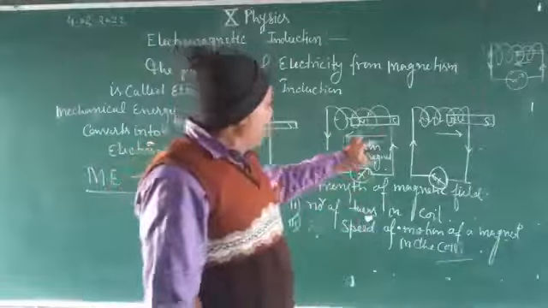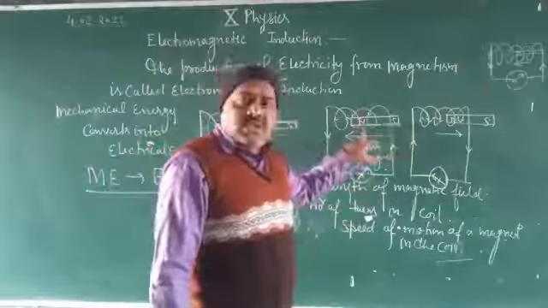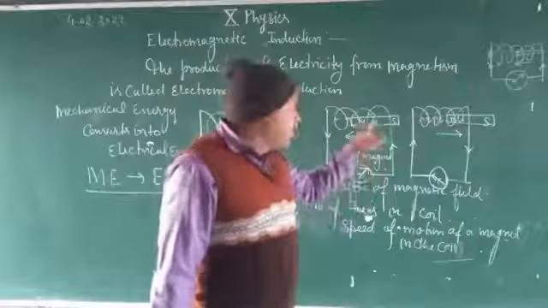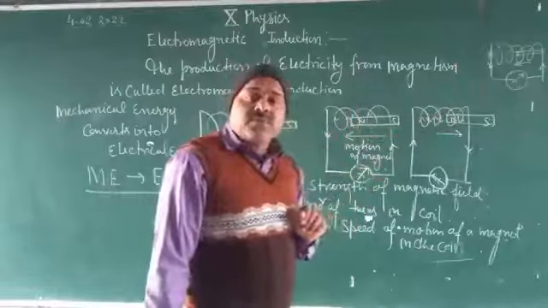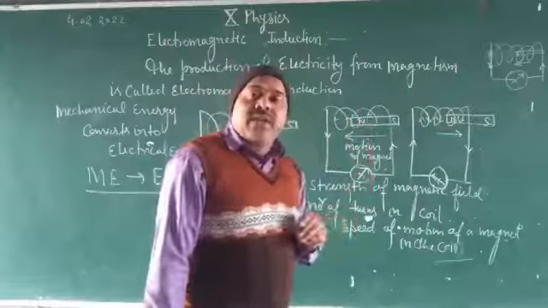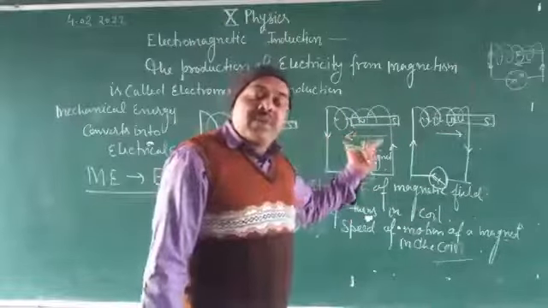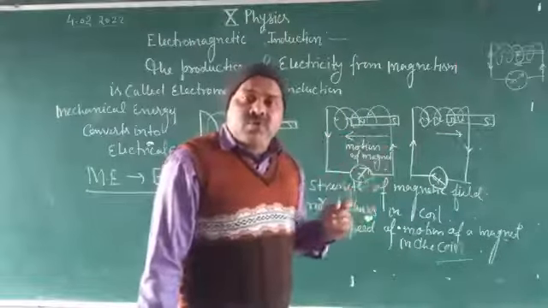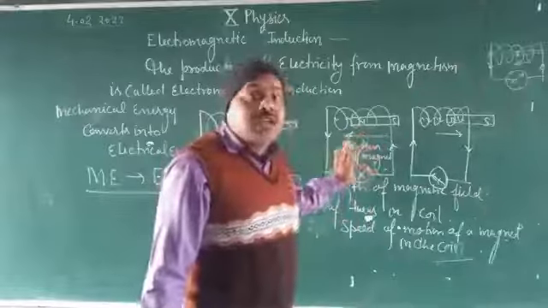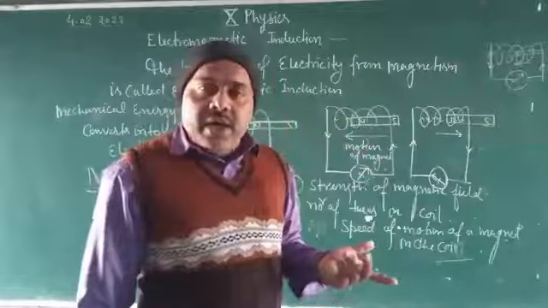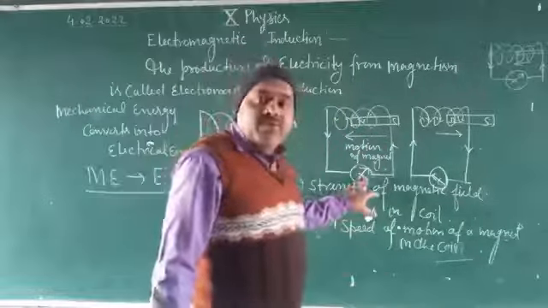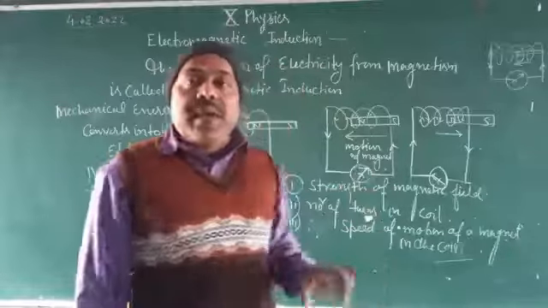Because when the magnet moves inside or outside, it cuts the magnetic field lines of force, and then there is a change in the magnetic field, and then EMF is developed, due to which the current is produced in the coil. And we can find it with the help of deflection in the needle of the galvanometer.